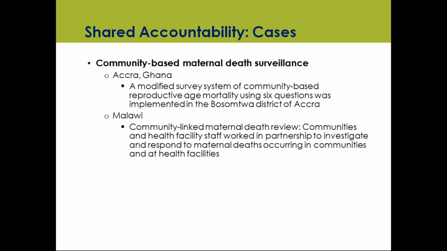On one side, the community shared the information with the health system. On the other side, the health system helped them technically to come up with a maternal death assessment questionnaire or maternal death review, and use that data to come up with interventions of preventing maternal deaths in the community.